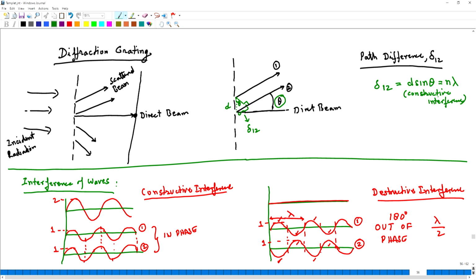And this is destructive interference if delta 1 2 is equal to 2n plus 1 times lambda by 2. So, I am multiplying by an odd number times lambda by 2.